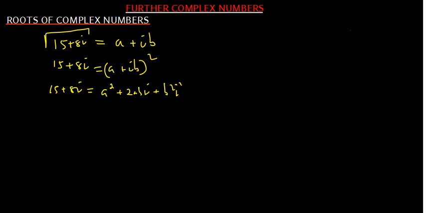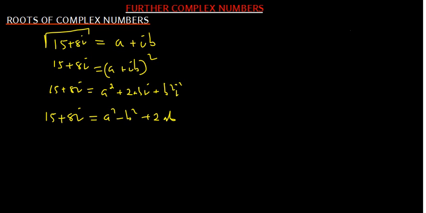Now we know that i squared is negative 1, so this is going to become negative b squared. So we can write it as 15 plus 8i being equal to a squared minus b squared, and then plus 2abi.